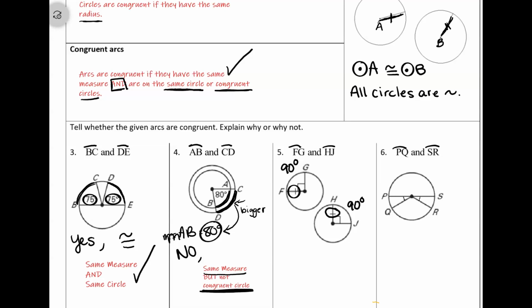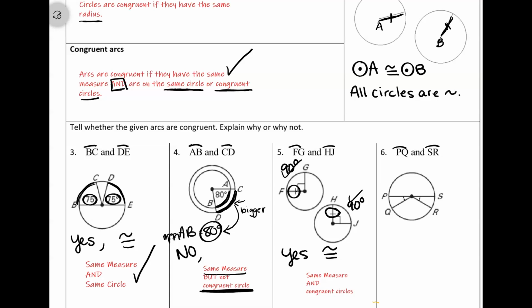You can clearly see here the radii of both circles are congruent. So this one gets a yes. They are congruent, and the reason we give is they have the same measure, 90, 90, and they are in congruent circles.